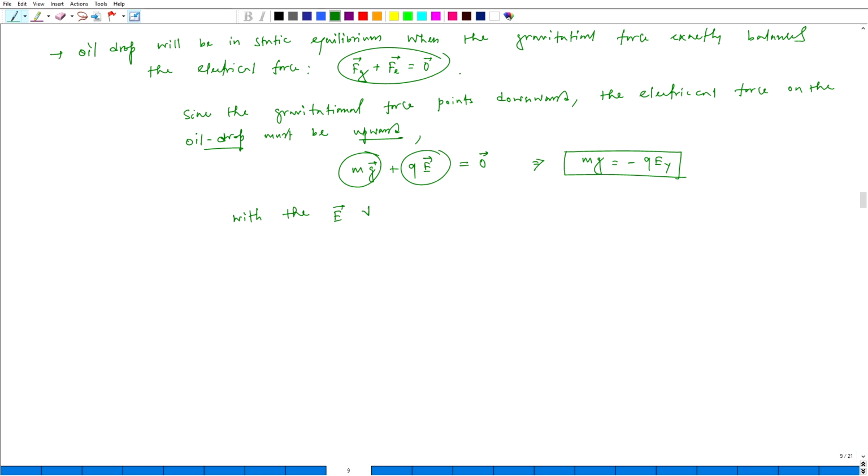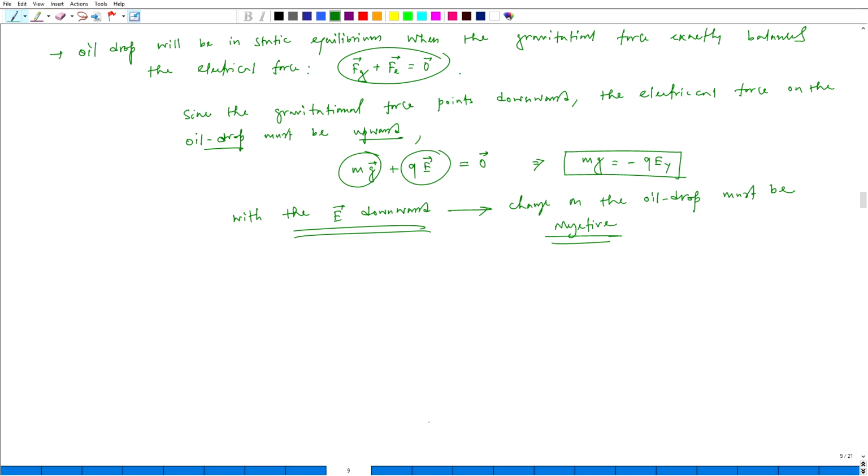So we conclude that the charge on the oil drop must be negative. That is the conclusion from this experiment, because we set up the experiment with the electric field downwards, and the gravitational force and electric force are opposite.